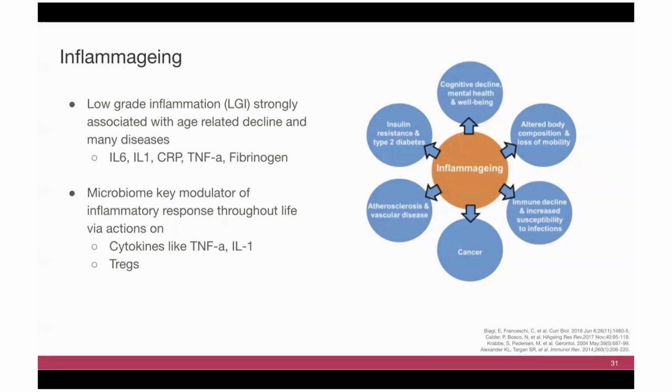The microbiome modulates our inflammatory response from a very early age. There are some studies pointing to it now happening in utero. And again, it's not surprising that as the microbiome shifts away from healthy, we as a person do also.